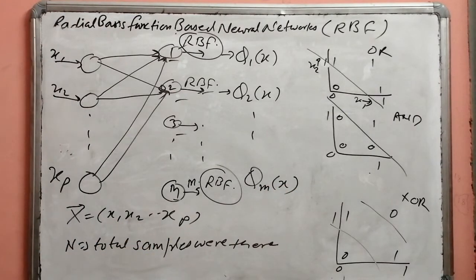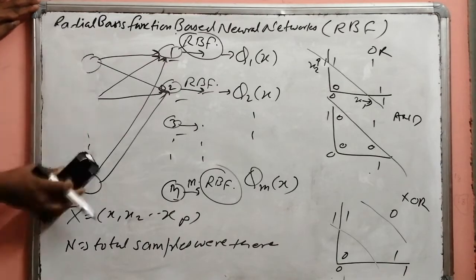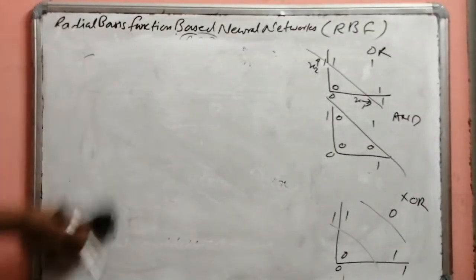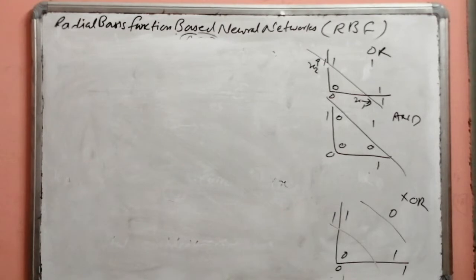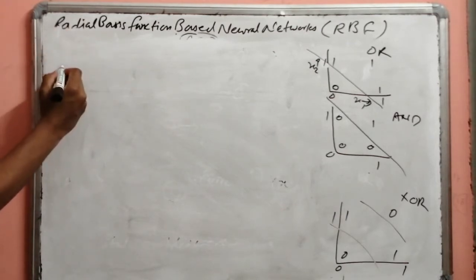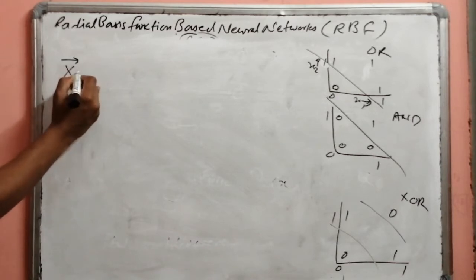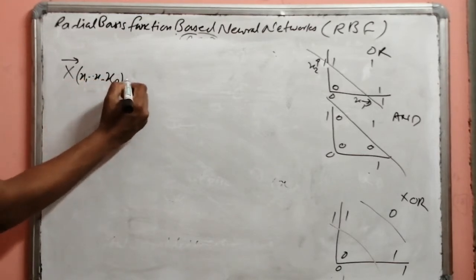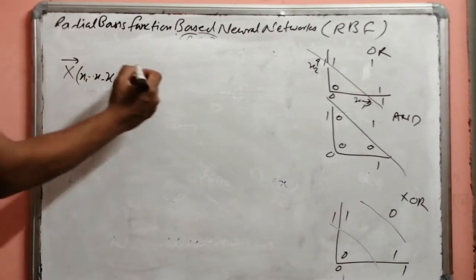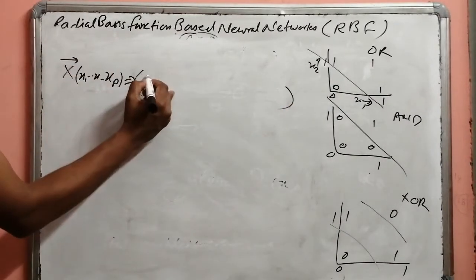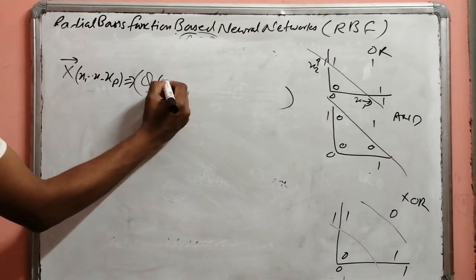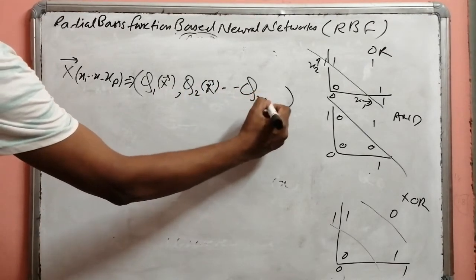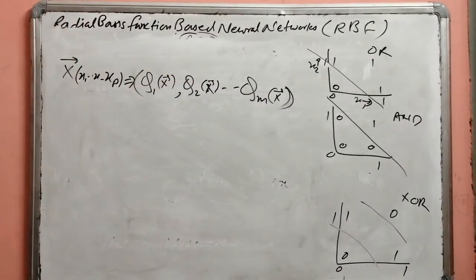So m radial basis functions are there, or in some representational way we can say that your earlier input vector x, containing p number of features x1, x2 up to xp, will now be represented using m number of features, and each feature is given by phi 1 of x, phi 2 of x, and up to phi m of x. So this is our new representation.